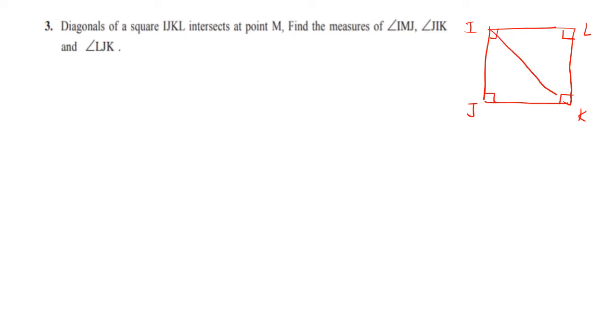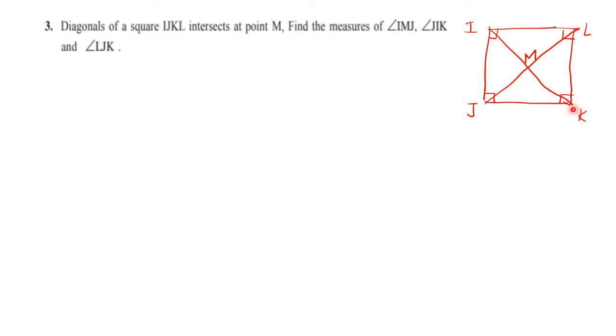Their diagonals bisect each other at M. So we need to find out the measure of angle IMJ, then angle JIK and angle LJK. As this is a square, diagonals of the square are perpendicular to each other. So IMJ is 90 degrees.